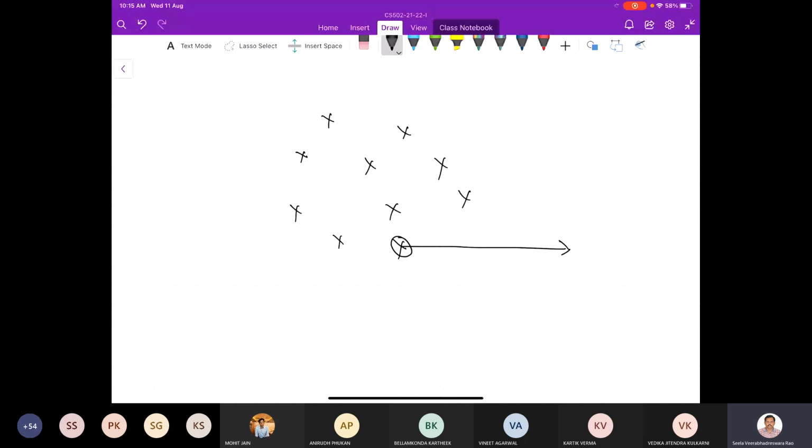You sort them angularly, so this is the first point, or 0, then 2, 3, 4. This bottommost point is anyway part of the convex hull. One problem is solved.